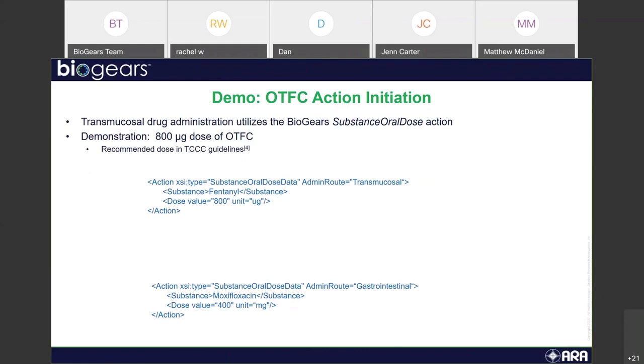I have two different actions listed here just to show you that both the transmucosal action and the regular gastrointestinal absorption action that I'll show later, these basically go through the exact same action. You specify them with this substance oral dose action in BioGears. The only difference is you specify, do I want a transmucosal administration or gastrointestinal, meaning the drug is deposited directly into the stomach as if it were a solid pill.